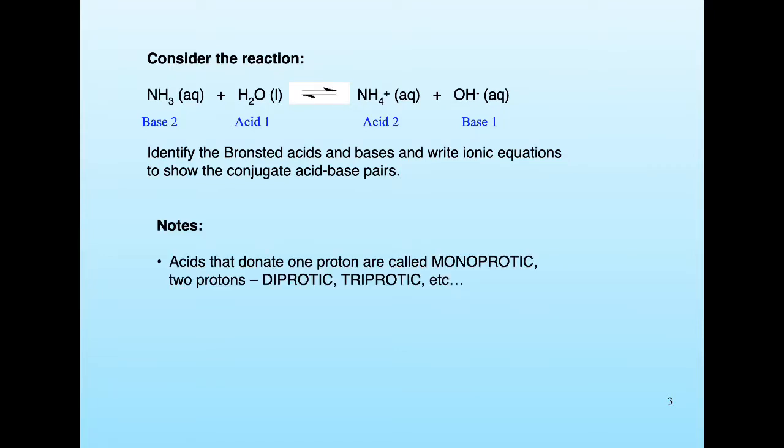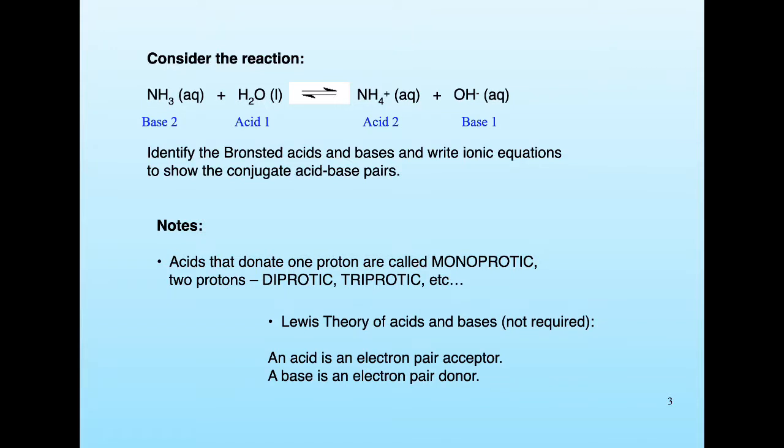Okay. A few little notes. Acids that donate 1 proton, typically called monoprotic, 2 protons, diprotic, and then triprotic, etc. Sometimes they're called monobasic, dibasic, tribasic. Lewis' theory of acids and bases, which isn't on the syllabus, is kind of, I'm not going to say obsolete. We don't use it as much.